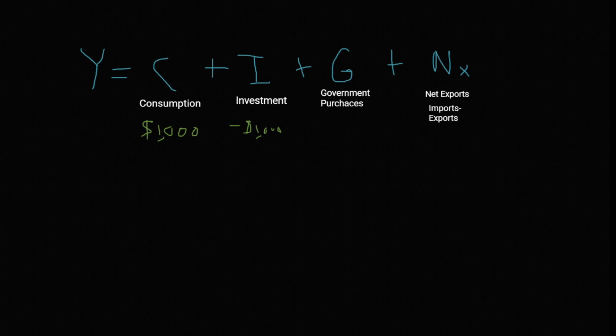So if each car was supposed to be sold for $1,000, and we made 10 cars and sold 8 of them, well, $8,000 would go into consumption here, and $2,000 would go into investment because we still have 2 cars in our inventory to be sold in the next year.